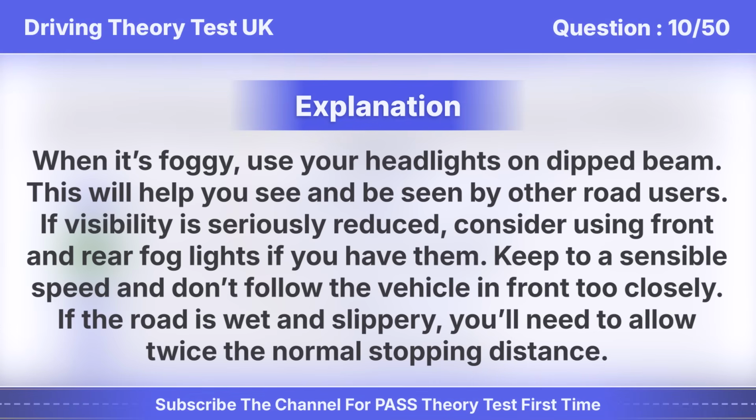When it's foggy, use your headlights on dipped beam. This will help you see and be seen by other road users. If visibility is seriously reduced, consider using front and rear fog lights if you have them. Keep to a sensible speed and don't follow the vehicle in front too closely. If the road is wet and slippery, you'll need to allow twice the normal stopping distance.